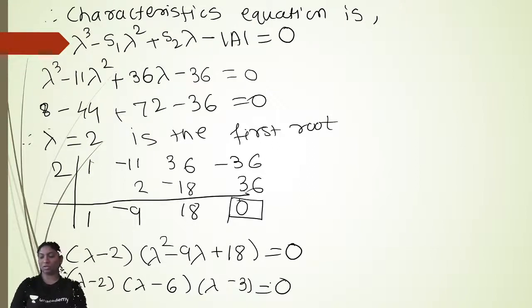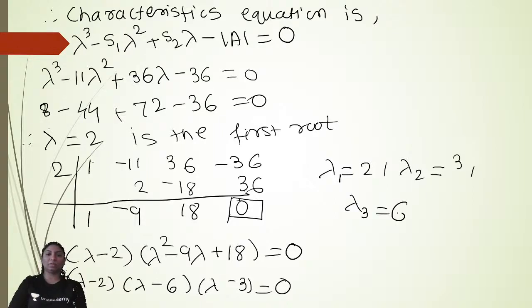So what are the roots of this characteristic equation? Lambda is equal to 2. We will assume that lambda 1 is equal to 2, lambda 2 is equal to 3 and lambda 3 is equal to 6.